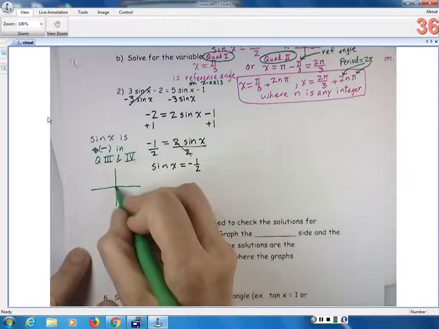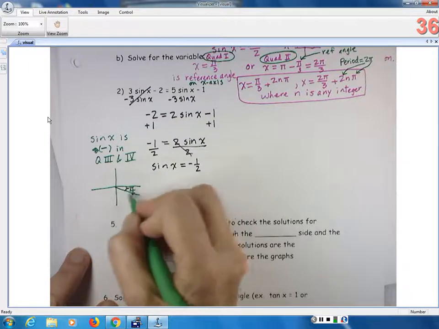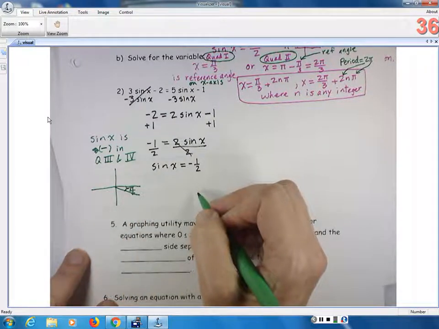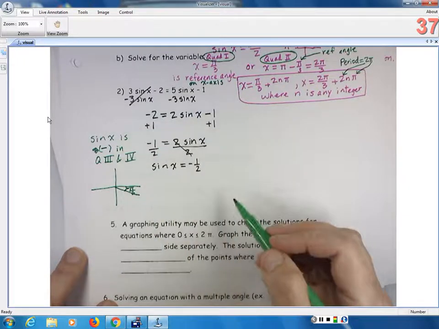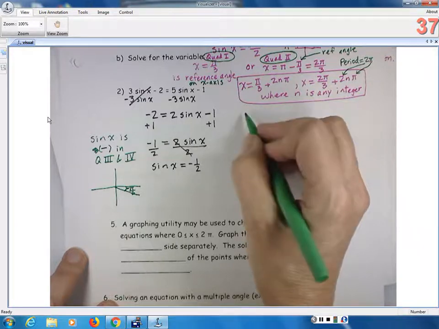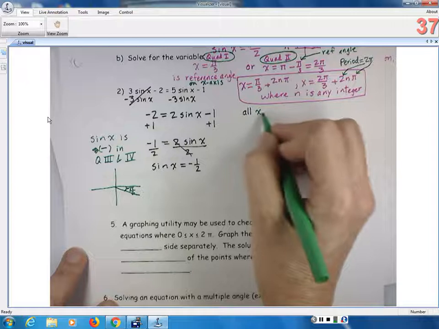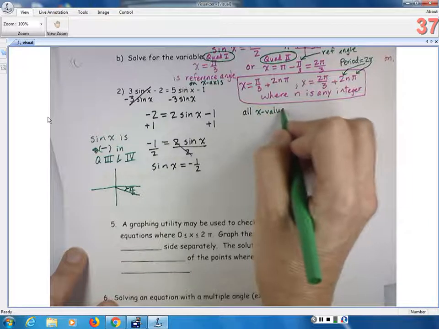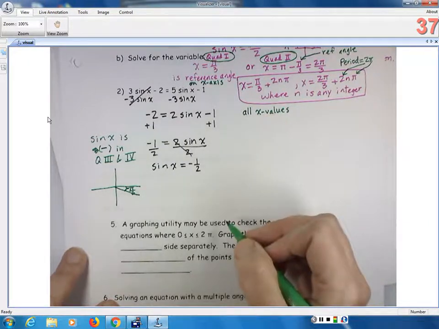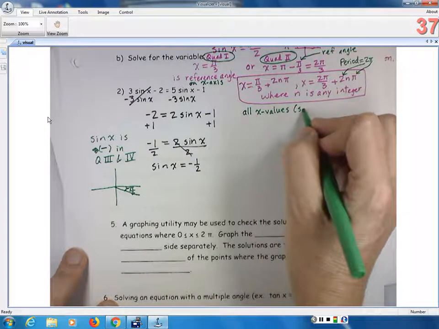But what this question doesn't say is that we want to find all x values, all the solutions where this is true.